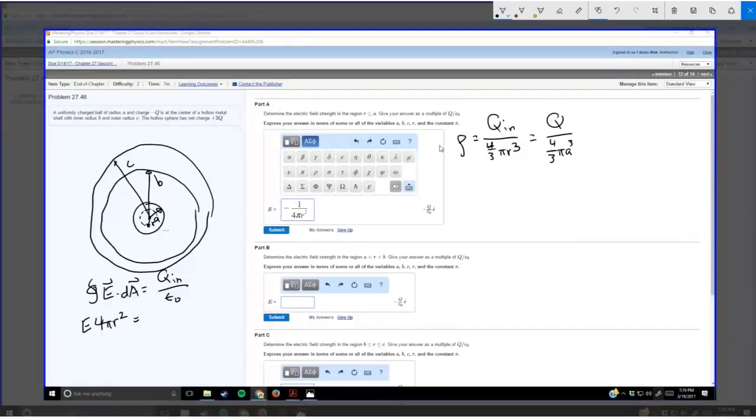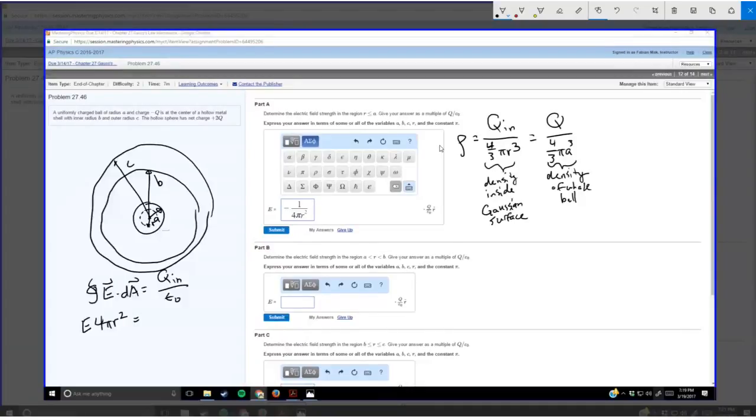So this is the charge density inside the Gaussian surface, and this is the charge density of the whole thing. And what we're saying is if it's uniformly charged, then these should be equal.